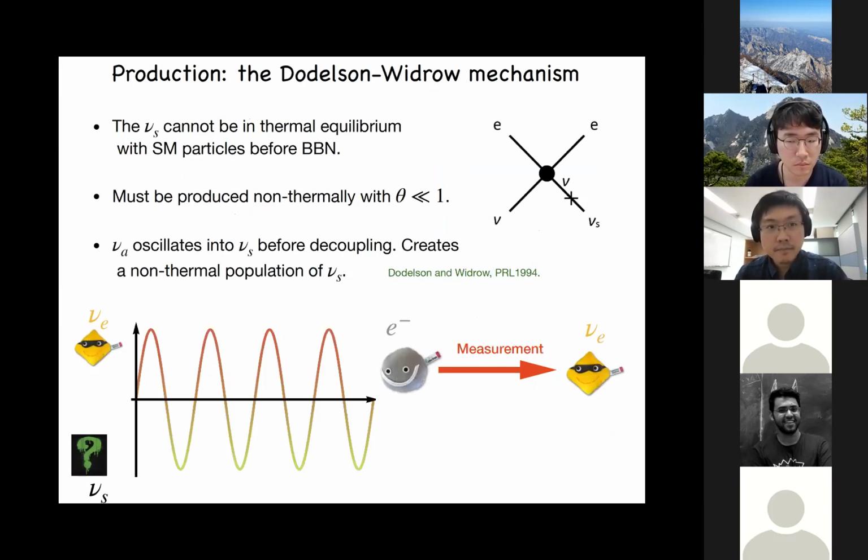You don't want the sterile neutrinos to be thermalized with the active neutrinos before 1 MeV. If you have a very large mixing angle, then you produce a lot of sterile neutrinos and they get thermalized with the active neutrinos before 1 MeV. So that's why you have to go to a smaller angle and produce them non-thermally through this freeze-in that we see, and then eventually the oscillation dominates production. Yes, I see. All right. Thank you.